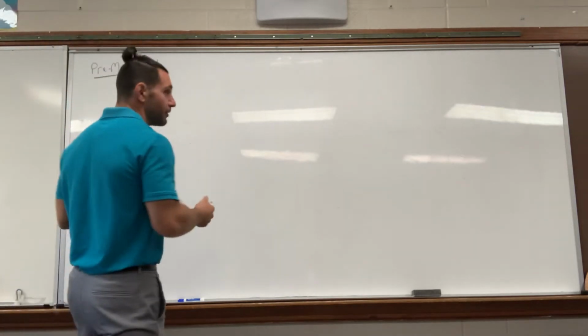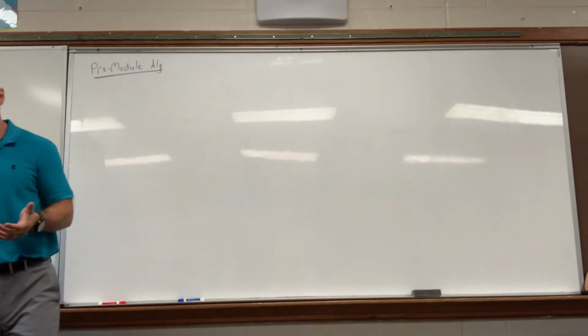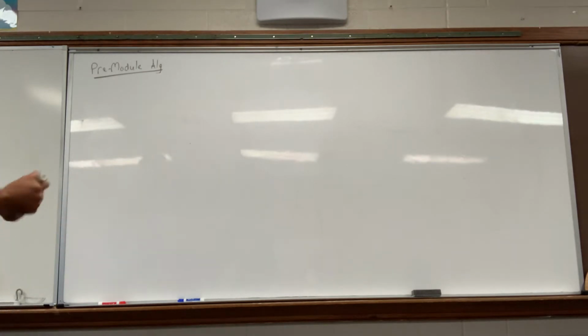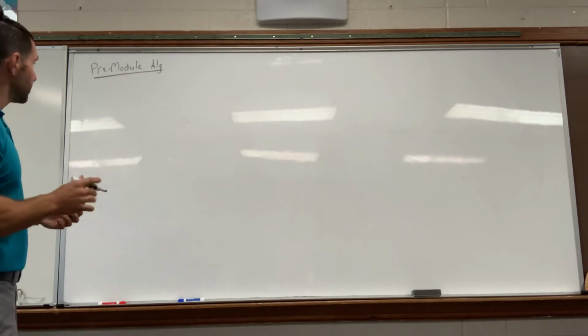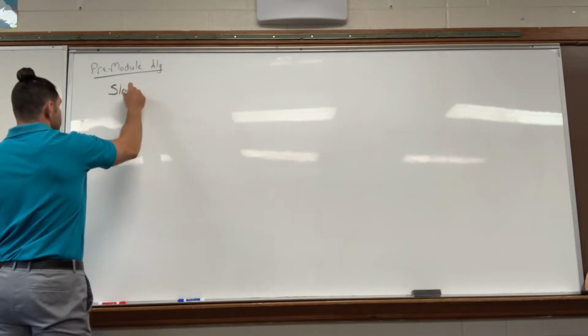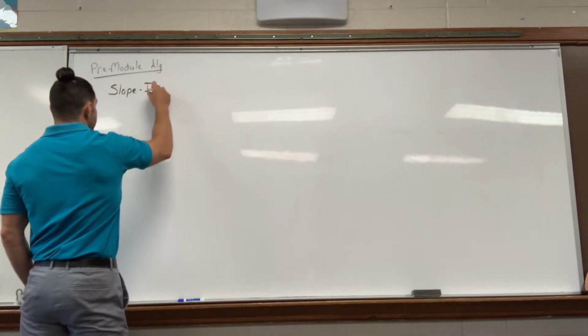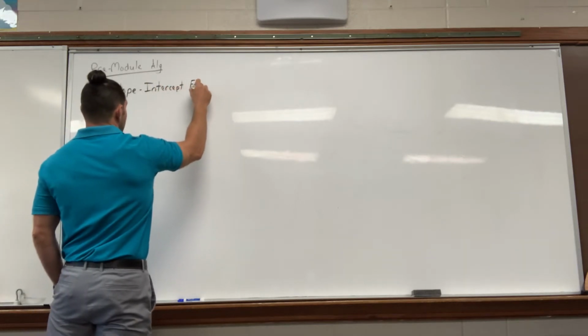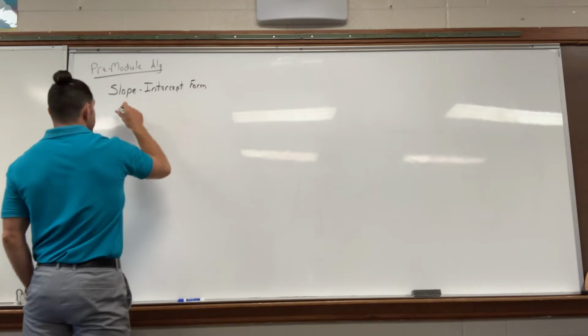So there's a lot of background information that I need to teach you in pretty much a week that it's going to be a little bit all over the place. So first off, this portion is all about slope intercept form. Okay?